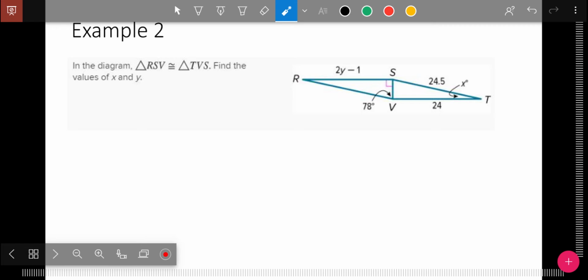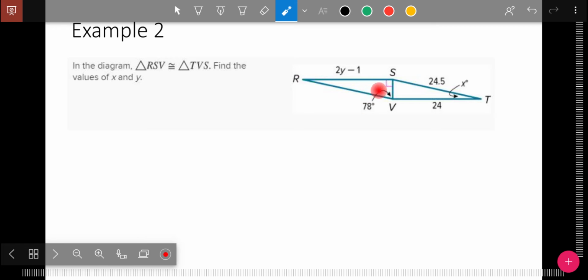So they're telling us here that triangle RSV is congruent to triangle TVS. We need to solve for X and Y. Well, X is here in angle T. So the question is, do I know what angle R is? R is the first letter, T is the first letter, so T and R should be the same.